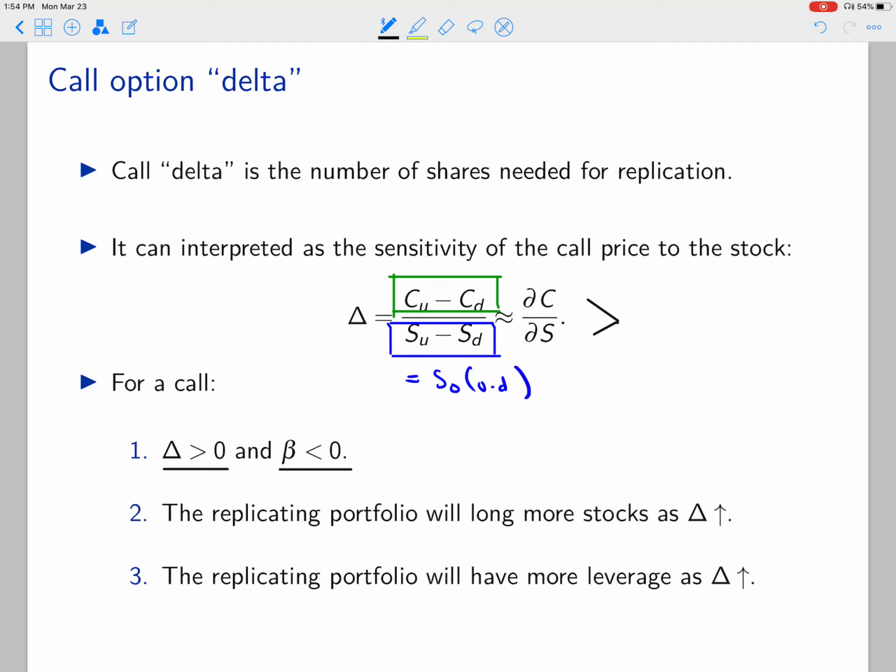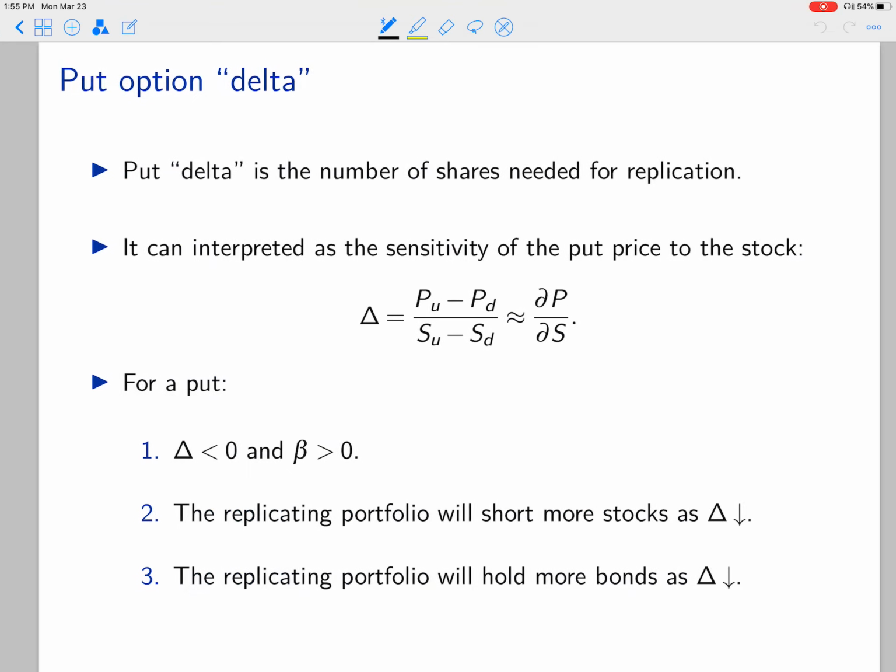Note also that as the delta increases, the call is going to move more units for a 1 unit increase in the stock. And this means that we're going to need to hold more shares long as the delta increases. So as the sensitivity of the option price to the stock increases, we're going to need to hold more and more shares of the underlying in order to mimic the changes in the call price.